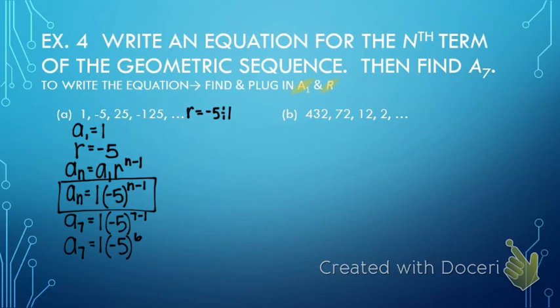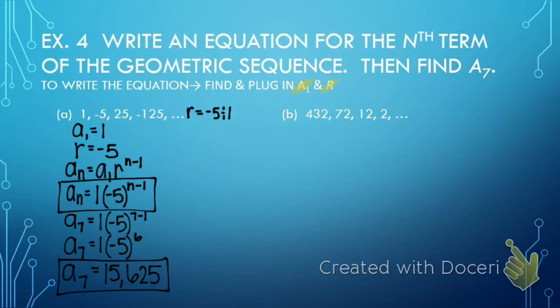So negative 5 raised to the power of 6, and then what is the last thing we're supposed to do? Once we have the power worked out, we're supposed to do what? Multiply by 1. And what does that give us as a final answer? 15,625. So that is the second answer that we are boxing in.